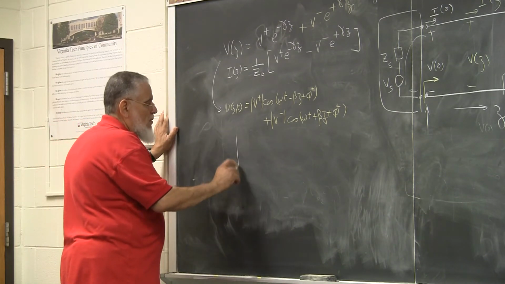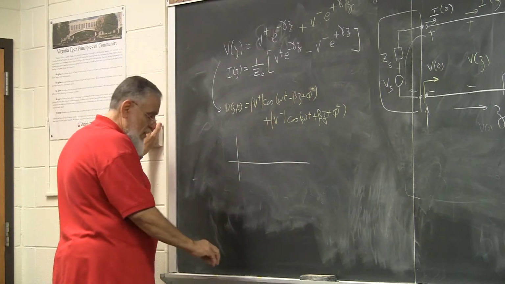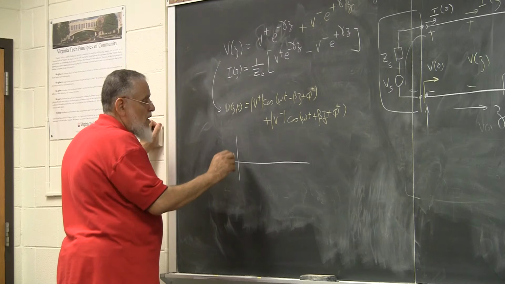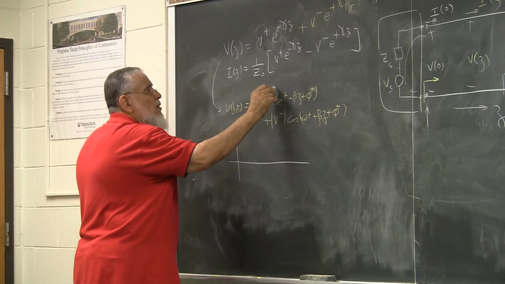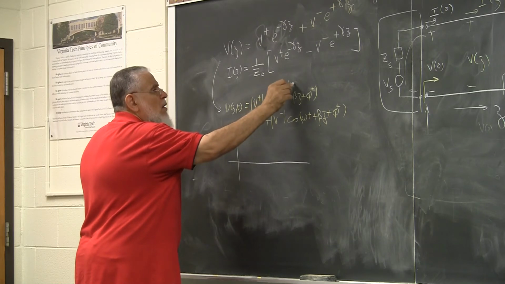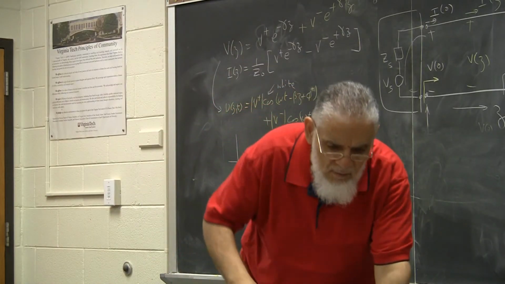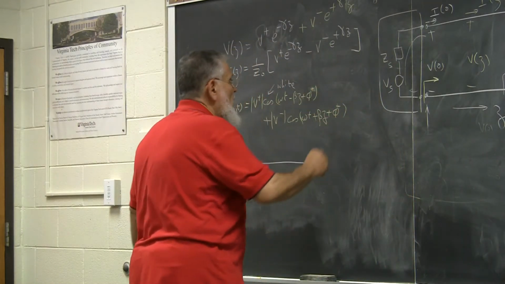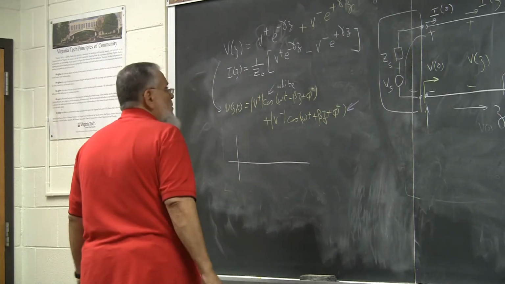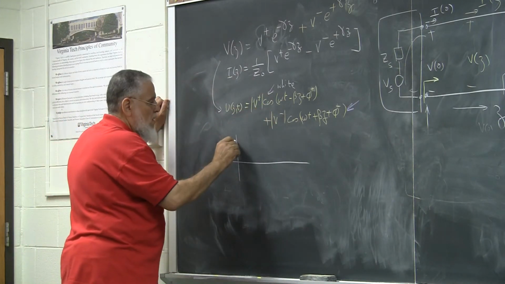So what do I have now? I'm not going to bother with the phi plus and the phi minus, like I said. I have a cosine(omega t minus beta z), which I'm going to do in white. I'm going to do the other one in blue or something, whatever color comes in my hand here. So this wave here is right there.